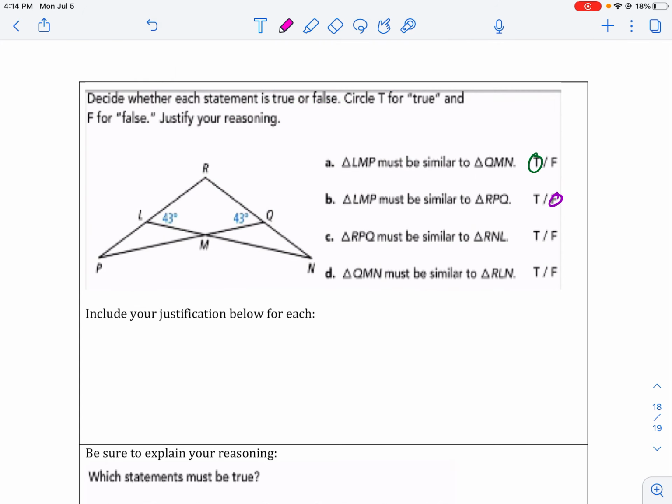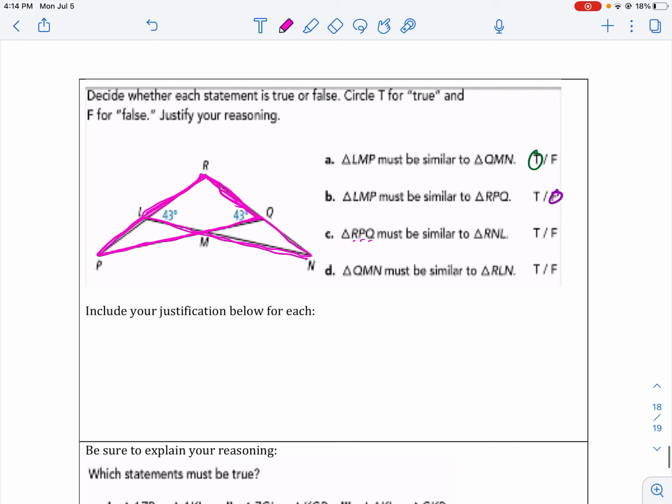Next one, we have triangle R to P to Q. Now I am following the order in which they are labeled here. That's how we follow these triangles, R to P to Q. And then I have R to L to N. Are these triangles similar?